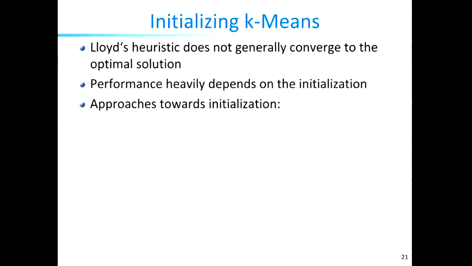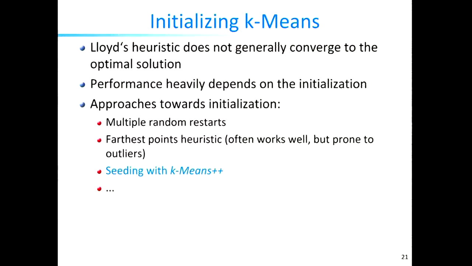It turns out there are better things one can do, and I'll tell you about one way to initialize. That's essentially the default. It's a super simple algorithm that's actually extremely effective. It's called k-means++, and it's a really nice algorithm that I want to tell you about.